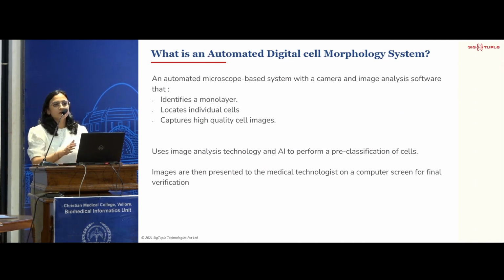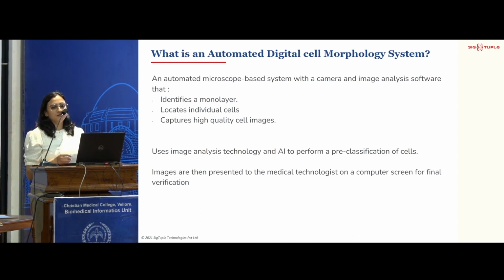It works exactly like how a pathologist works. The technician makes the slide, stains it, and then it is scanned in our device, just like how we scan it under a microscope. Then it identifies a monolayer, like how we do, where the cells are equally distributed, and it locates individual cells, takes images of them, and then matches them, image matching. That is what even our brain does.